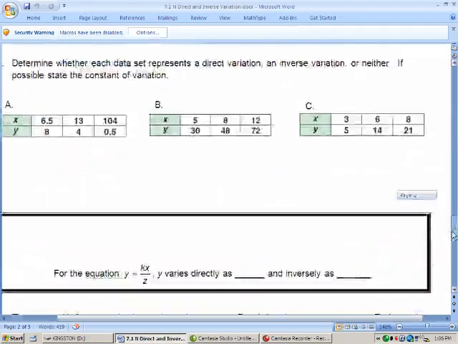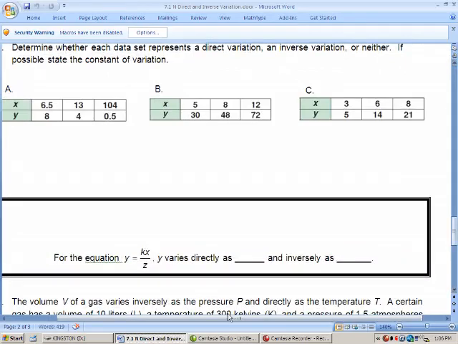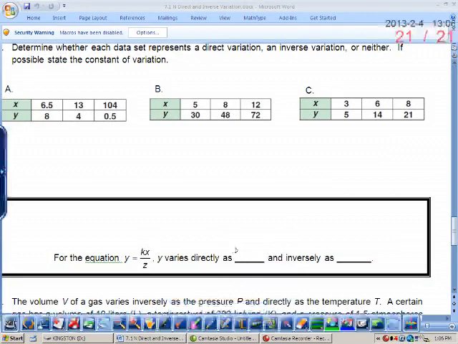So, we are given a table, and we want to decide direct variation, inverse variation, or neither. So the way you're going to at least start this is look at your table and figure out what X and Y are doing.